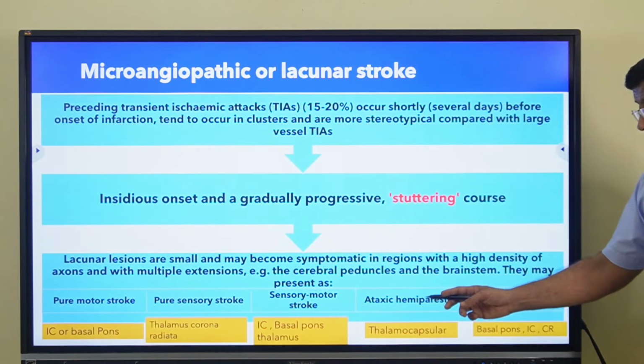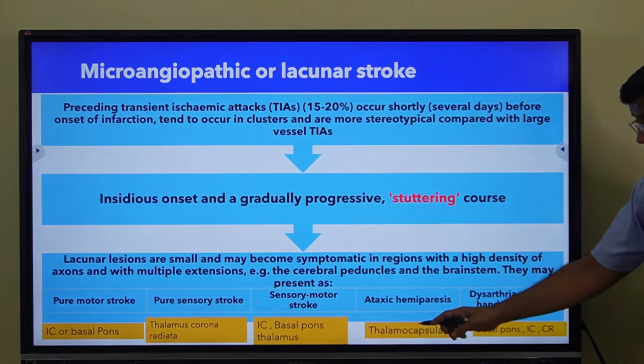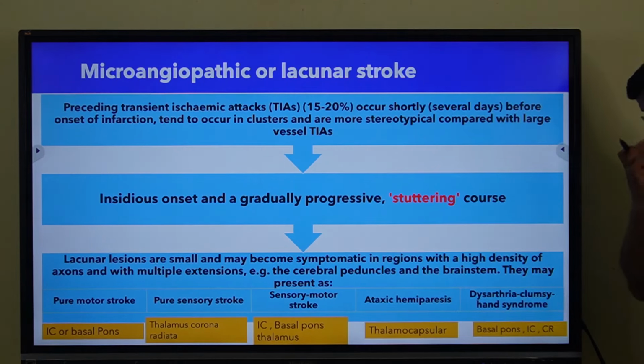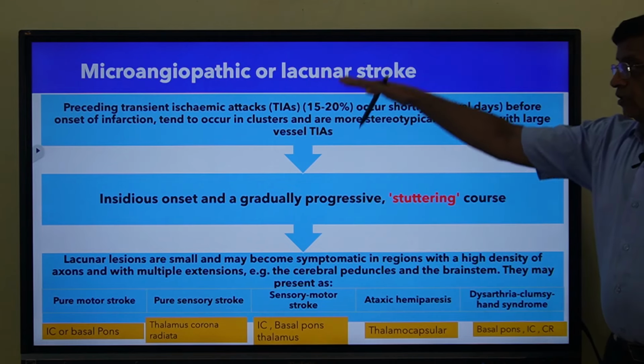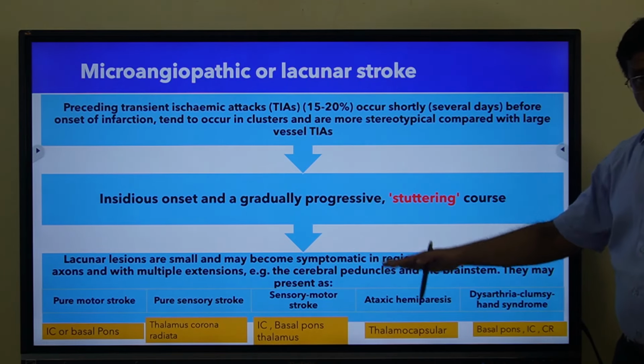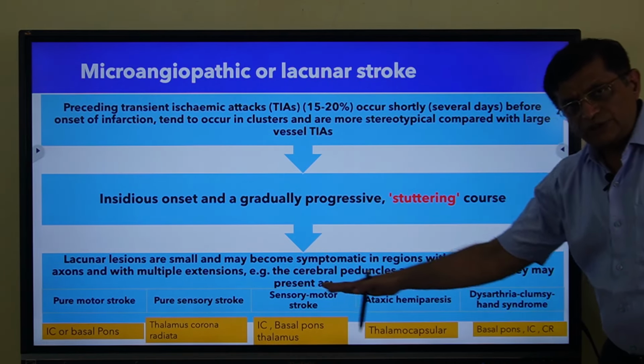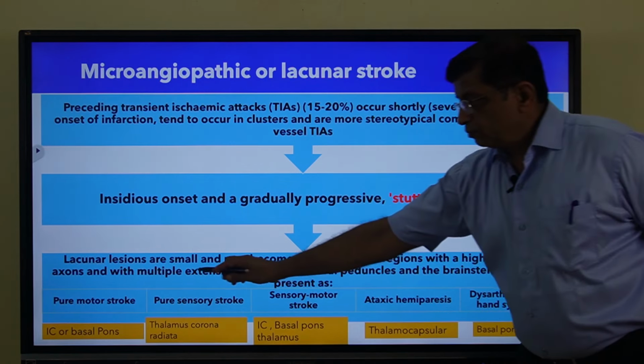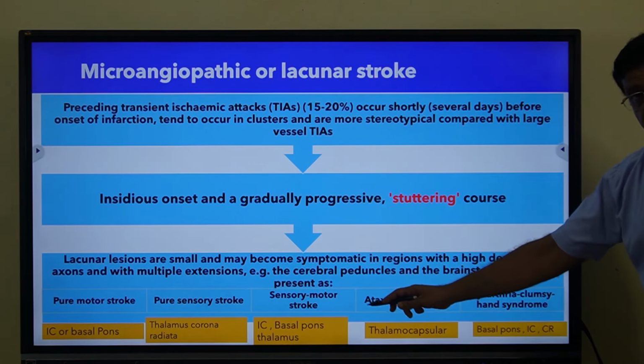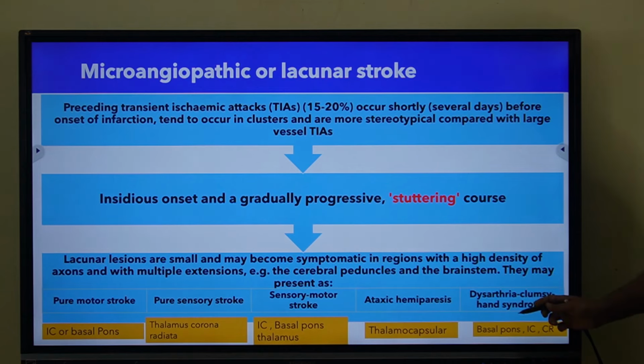They could have ataxic hemiparesis when a thalamocapsular infarct is present, or they could have dysarthria clumsy hand syndrome, where a basal pons, internal capsule or corona radiata lesion is present. The upper part of the slide we have already covered in the last lecture, so we will not discuss it. So these are the 5 presentations of lacunar stroke: pure motor, pure sensory, sensory motor, ataxic hemiparesis and dysarthria or clumsy hand syndrome.